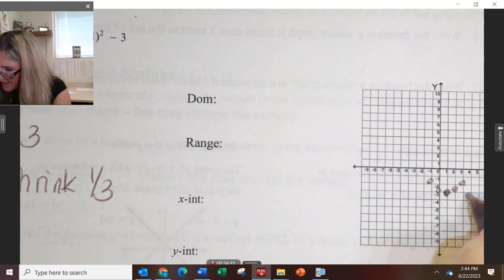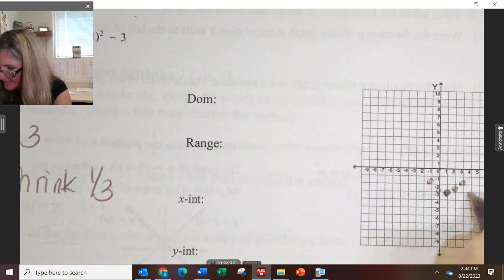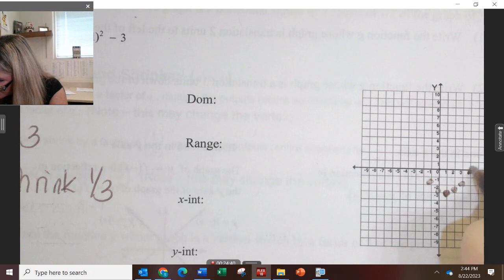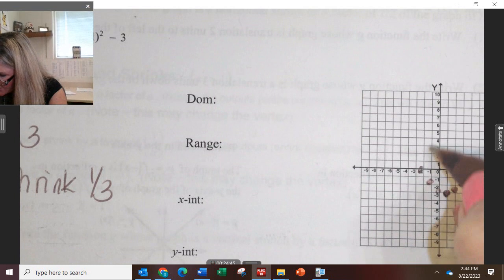If I go out 3, how much do I usually go up on a parabola? 9, but what am I going to go up now? 3, good job. And that's the fast way to graph this.